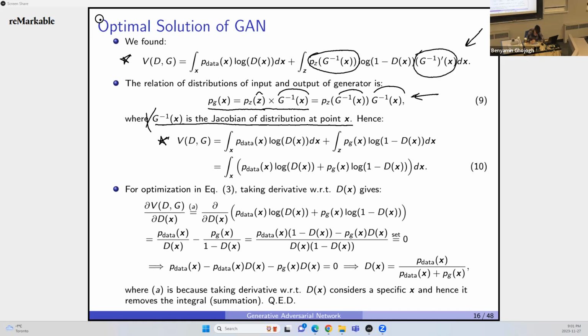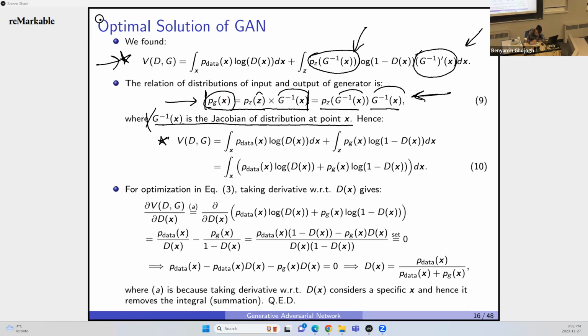This times this, according to equation 9, equals PGX. Do you agree? No? Where did you get lost? Did you understand up till here? Also, without proof, accept this equation 9 from me, okay? I mean, accept this part, and then I'm replacing z with g inverse x. Now I'm telling you this times this is PGX.